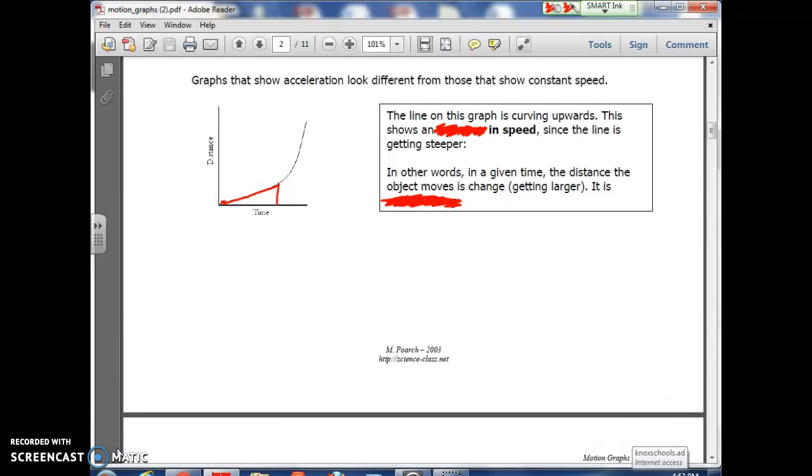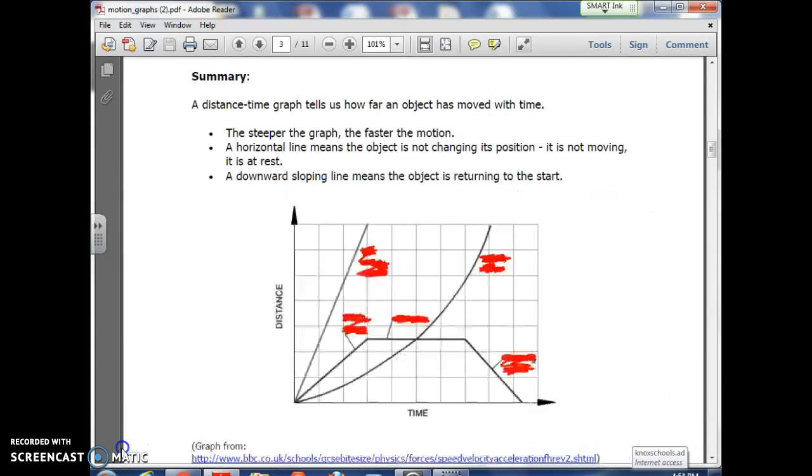Is speed going up, going down? Well, it's easy, it's going up. Speed is increasing. What do we call that when something's speed increases? What's the right vocabulary? We say the object is accelerating, it's getting faster, right?